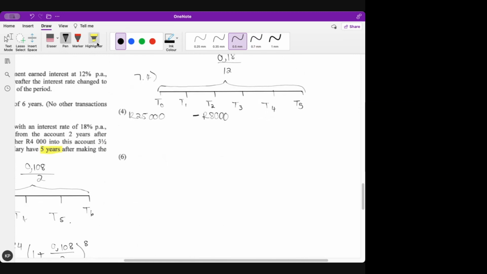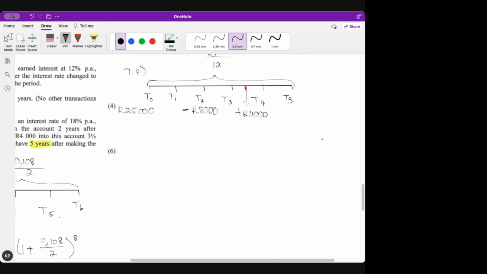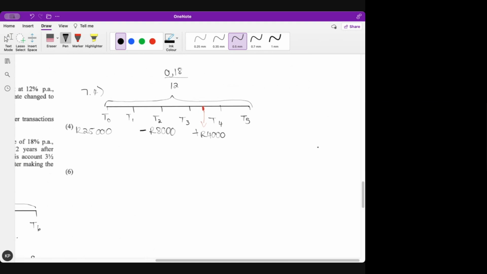So that would be over here. She deposits another 4,000 rands, just to make it clear. So we're going to have 3 separate calculations over here. No interest rate changes, but deposits and withdrawals.